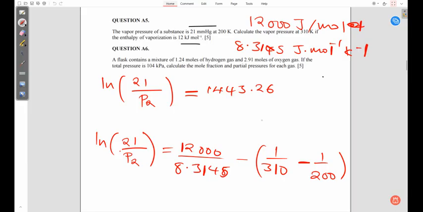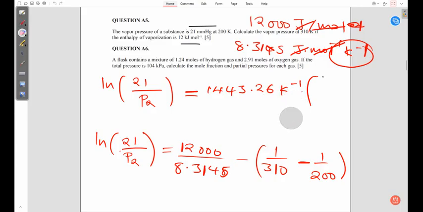The units that remain after cancelling the joule and the joule will just be K, negative, and then 1 over 310 minus 1 over 200. Remember, we are subtracting. No, we're not subtracting there, we're multiplying here.